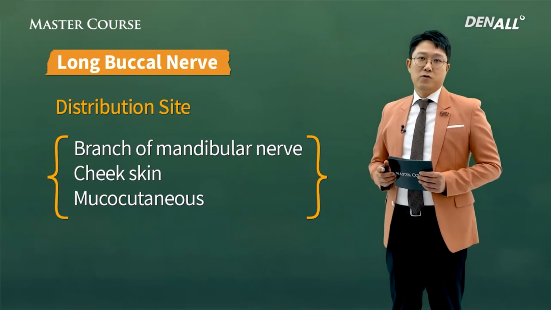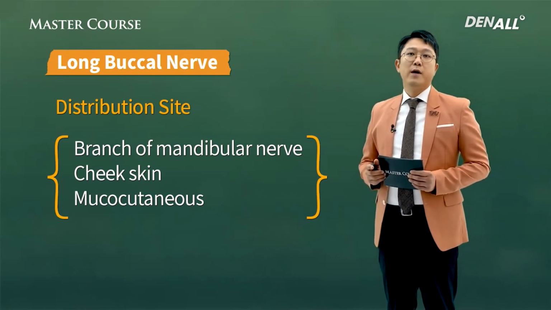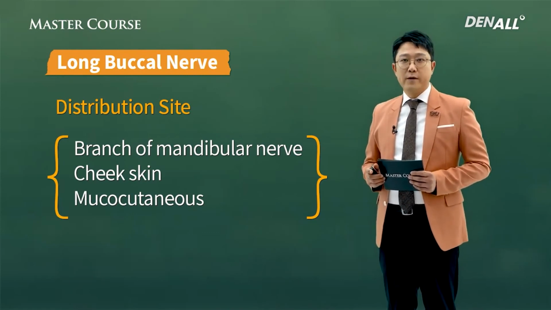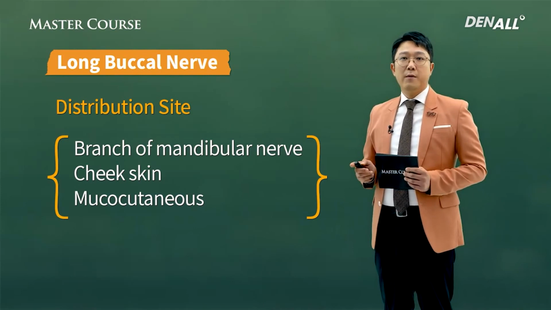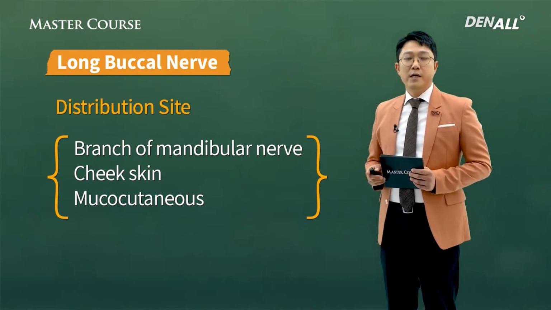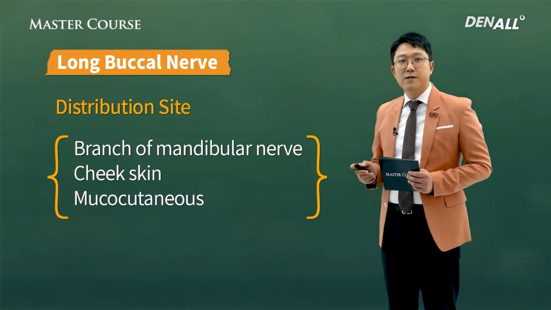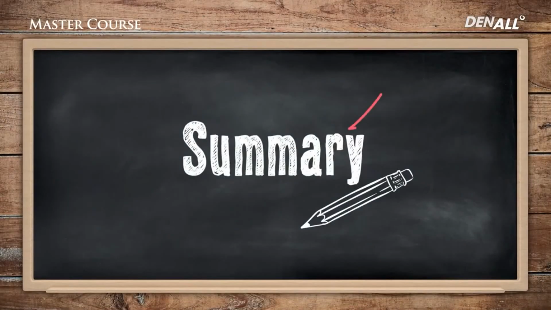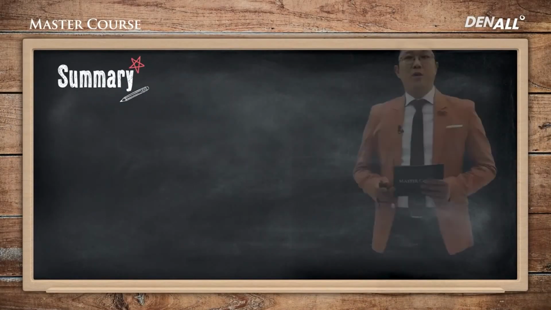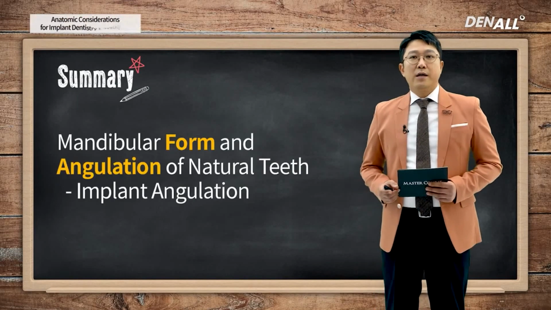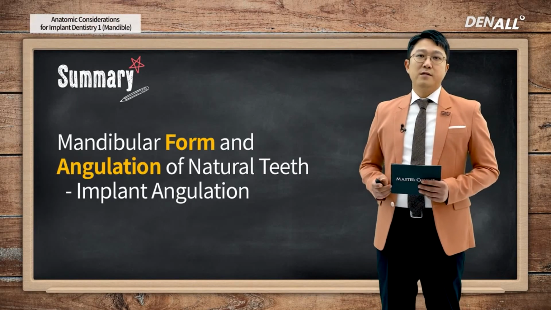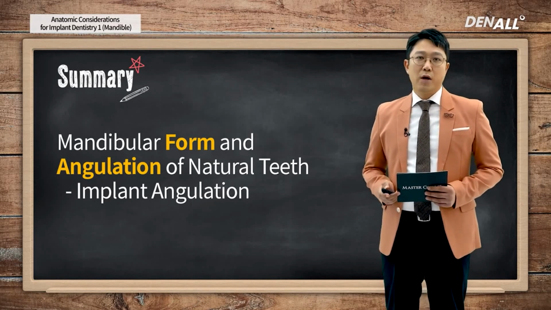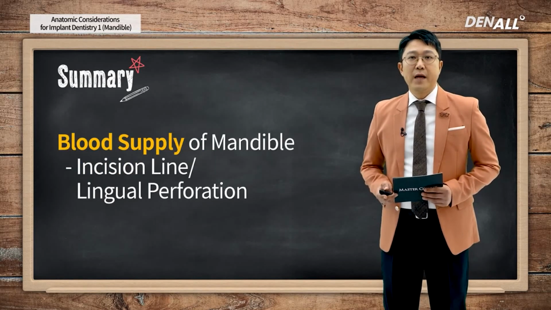Up to now, we have talked about the anatomy of the mandible in relation to implant placement. I talked about three main things. Let me briefly summarize what I have presented. First, mandibular form. Implants should be placed in an angulation similar to natural tooth angulation.